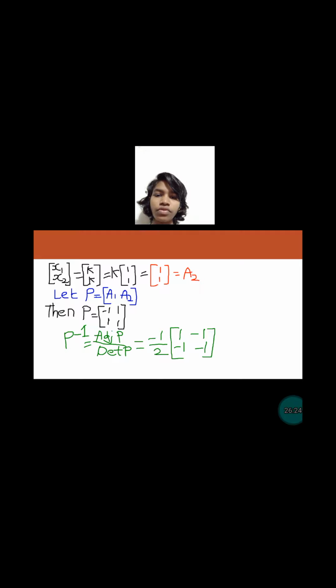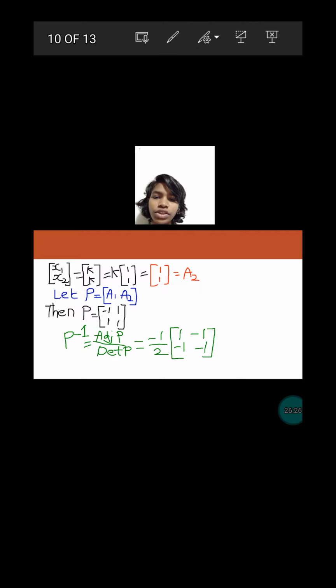Now we have x1 and x2. Substitute in this matrix, that is k, k. Now take k as common and we have 1, 1.